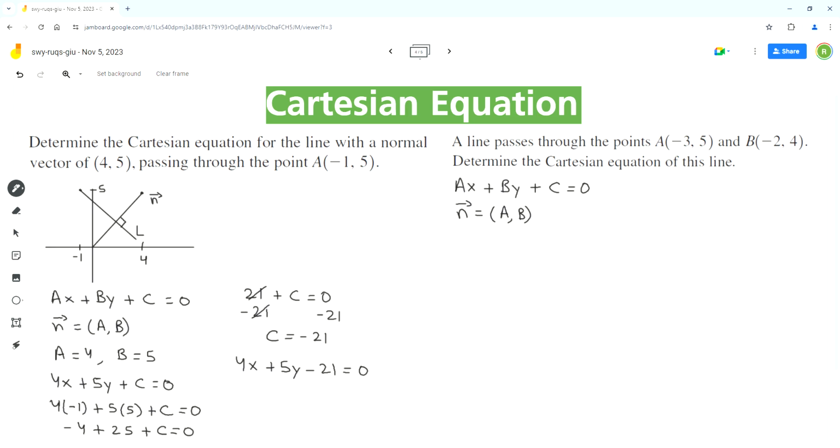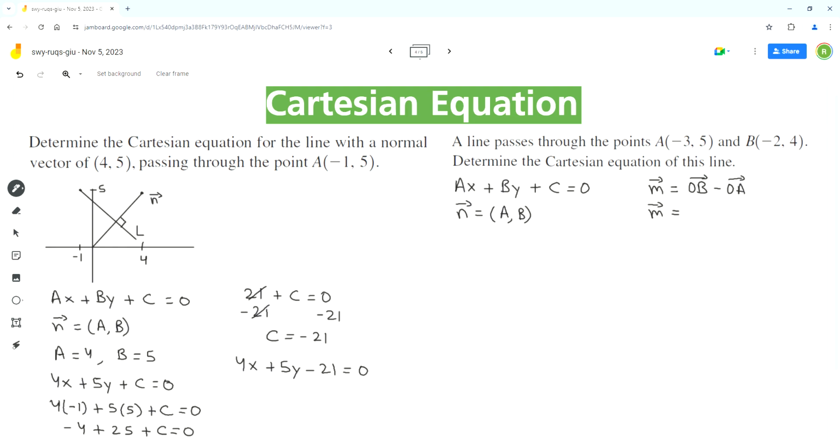We can use these two given points A and B to find the direction vector of the line. And for that, we should subtract the position vectors of these 2 points. We can subtract them either way, but for this problem I'm doing OB minus OA.